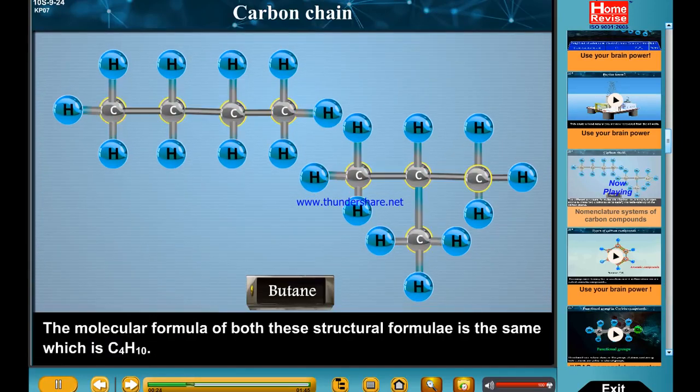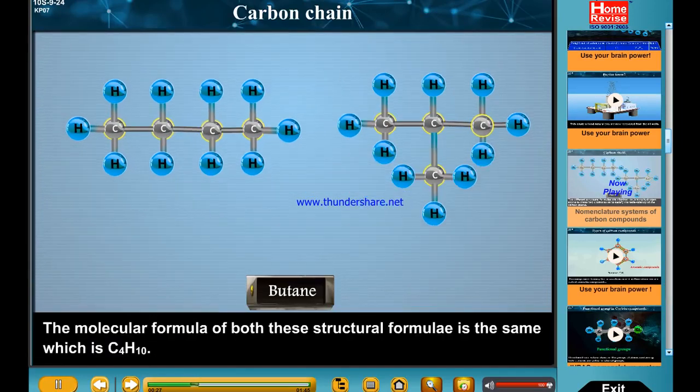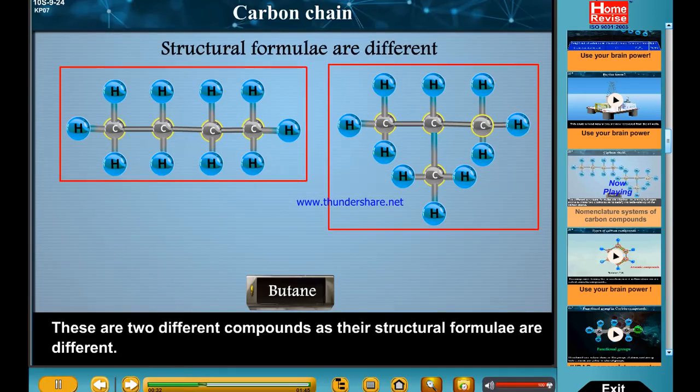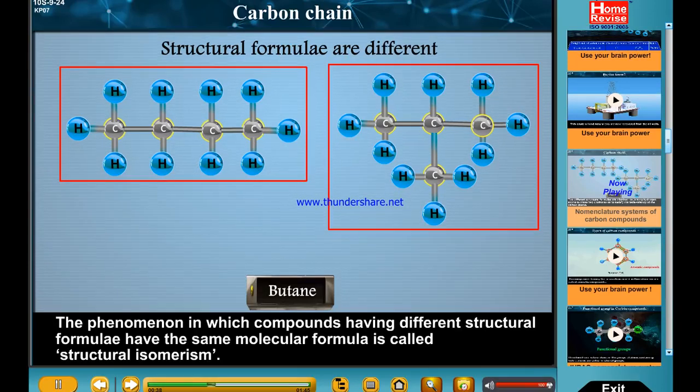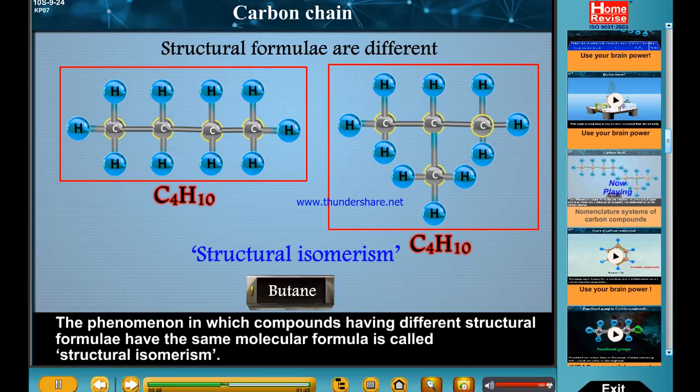The molecular formula of both these structural formulae is the same, which is C4H10. These are 2 different compounds as their structural formulae are different. The phenomenon in which compounds having different structural formulae have the same molecular formula is called structural isomerism.